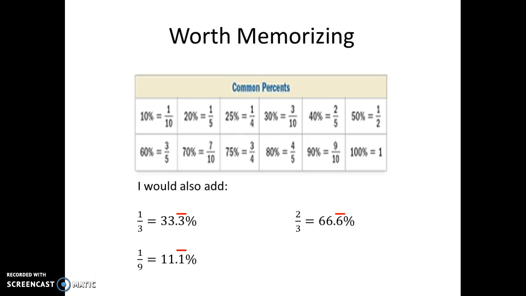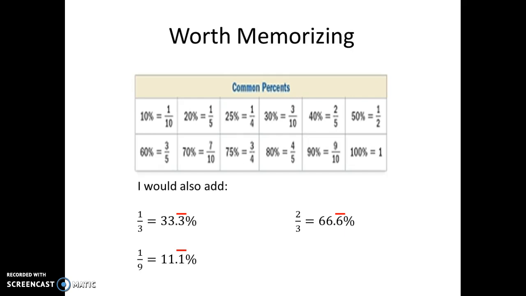So a couple of common percents that are worth memorizing. Here is a table, and then I also added some below, but some important percents are 10%, 20, 25, 30%, and I added 1/3, which is 33.3 repeating percent. So that would be the way that you would write 1/3.